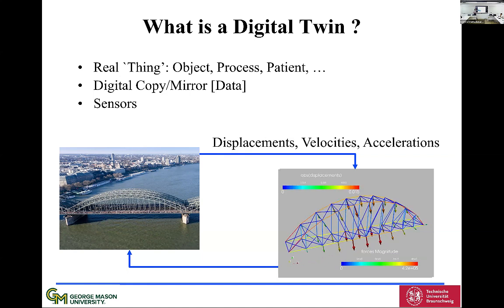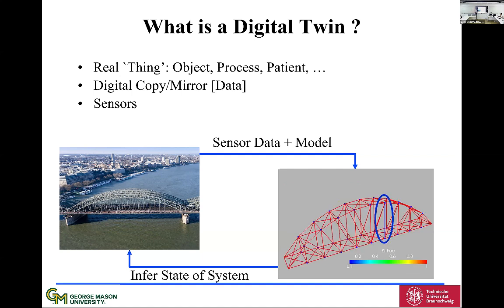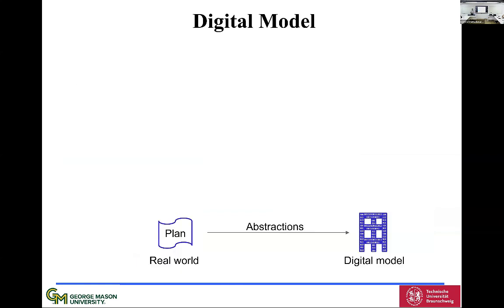From that, we can get the displacements, velocities, and accelerations that we measure, and we can compute in our model. Based on that, we can say, oh, something is wrong here. We have to replace this because it has weakened. Then we can infer the state of the system and do maintenance, do something about this. And of course, that means that we have to go back to the model and update the model, and this cycle continues throughout the life cycle of the object.